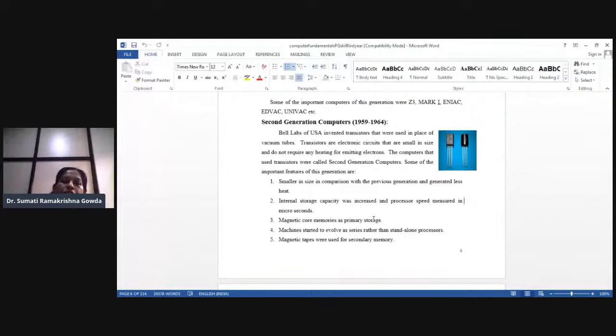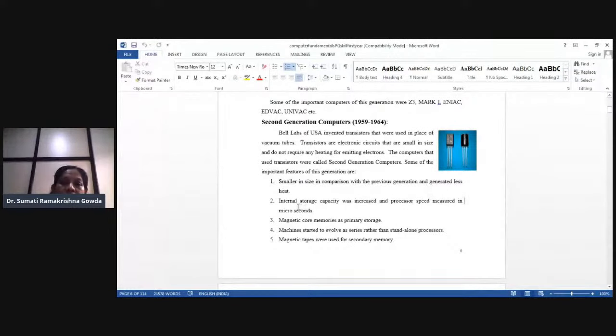Some of the important features of this generation are, as you can see in the diagram, these transistors are very small in size. So when they replaced vacuum tubes, the size of the computer changed drastically to a very small size. They became smaller compared to the previous generation, and generated less heat.